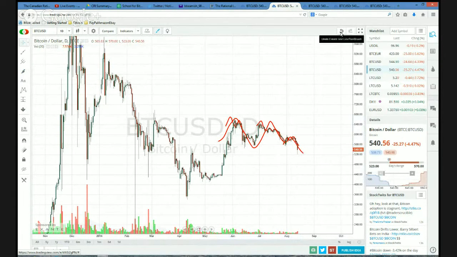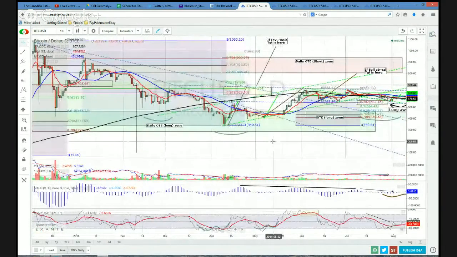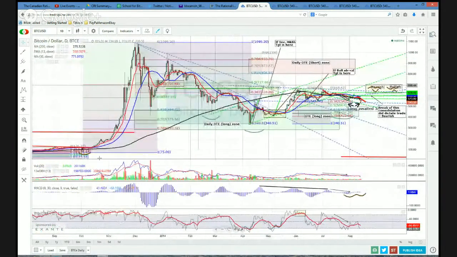Now, the good part about where we are right now, and I suppose we can go back to our marked up chart, is, first and foremost, let's keep in mind that this monster run up, if institutions were going to buy, where were they going to buy? 78.6 is down here at $300, and 61.8 is at 464.